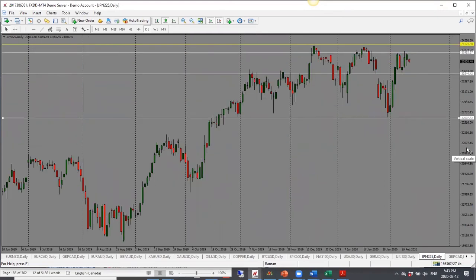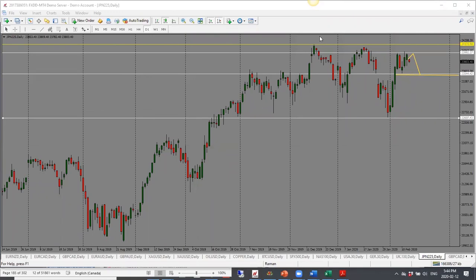Nikkei here. Nikkei has been still stuck in this range here. We do have a bullish candle close, but it's right into this resistance. And as we can see here, price hasn't really gone up. We are seeing a bit of a decline here. So in this case, as long as price holds below 23,990, I am looking for a drop back towards the bottom of the range, 23,500.